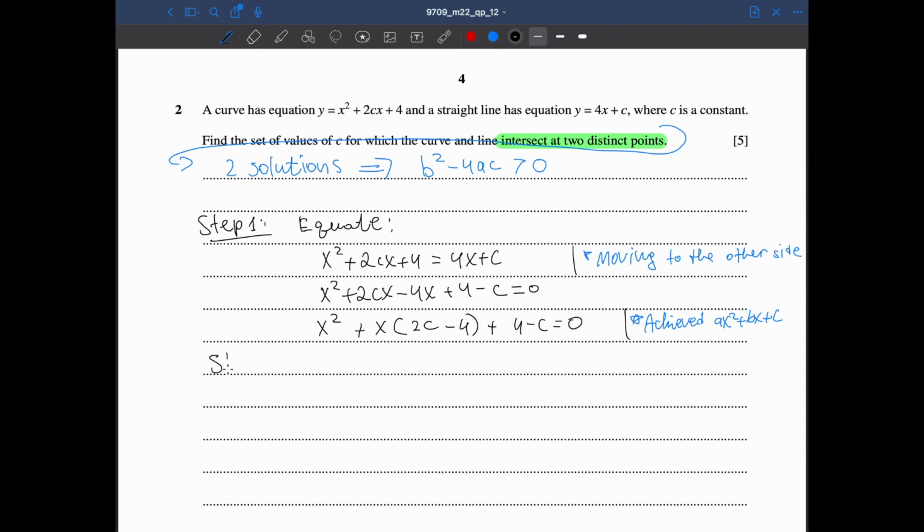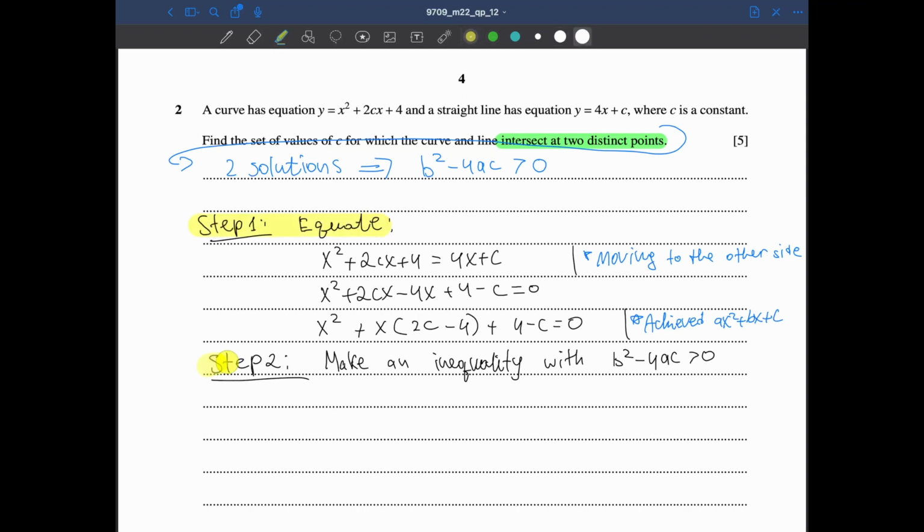Now we're going to do step 2, which is going to be to make an inequality with b squared minus 4ac is more than this. All right, let me use another color.